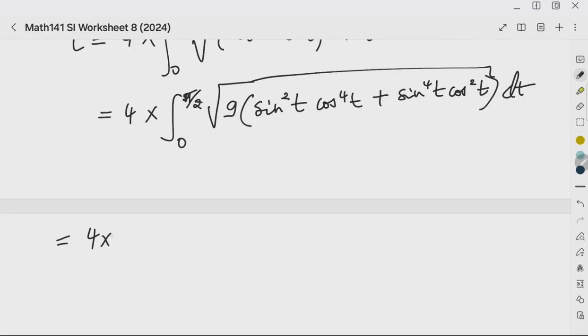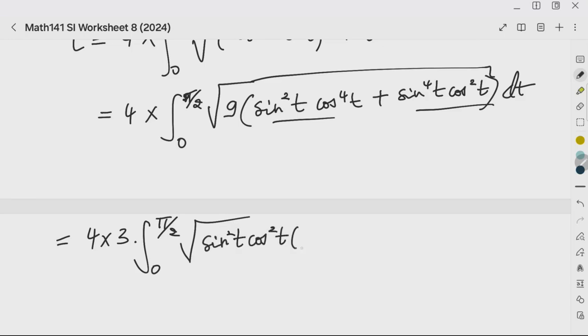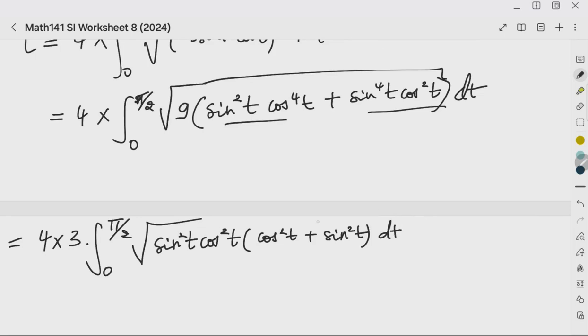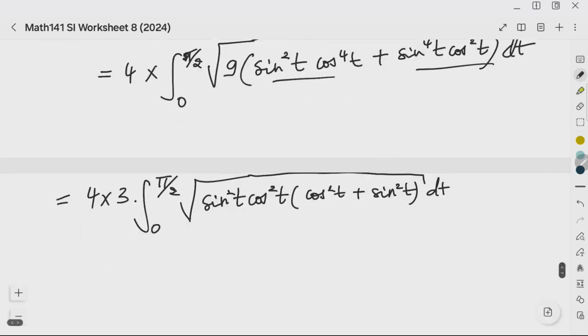We have 3, so it's 4 times 3 multiplied by the integral from 0 to pi over 2 of the square root of. Now, sine squared times cos squared is a common factor between these two terms. So we can take that out, and we have sine squared t cos squared t multiplied into cos squared of t plus sine squared of t, dt outside. And we know that that is equal to 1, cos squared plus sine squared.